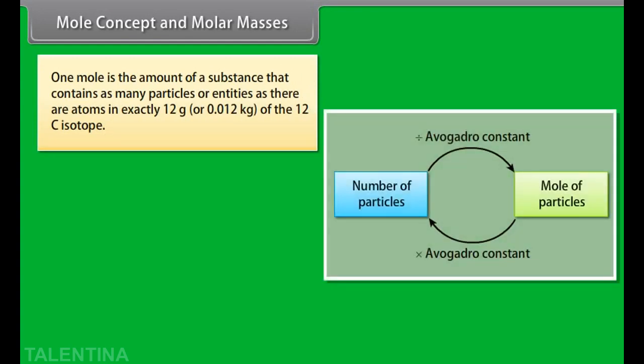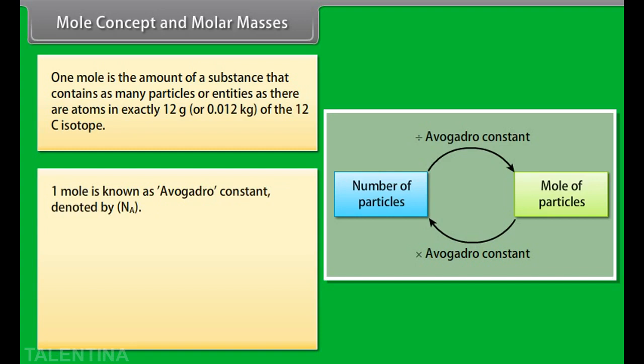Mole concept and molar masses. 1 mole is the amount of a substance that contains as many particles or entities as there are atoms in exactly 12 gram or 0.012 kg of the 12C isotope. 1 mole is known as Avogadro constant, denoted by NA.